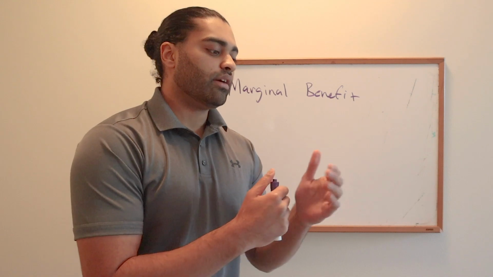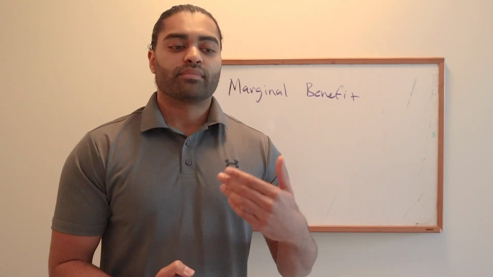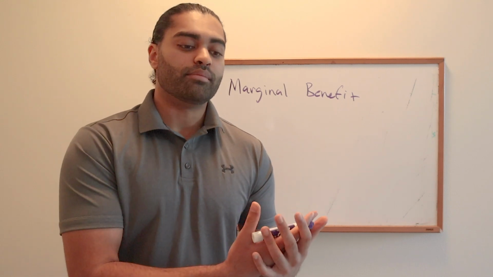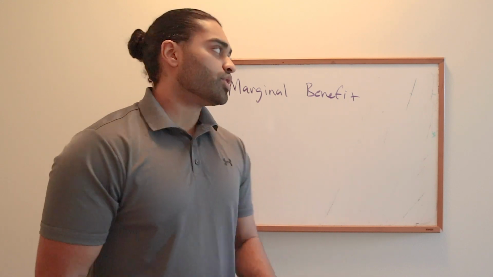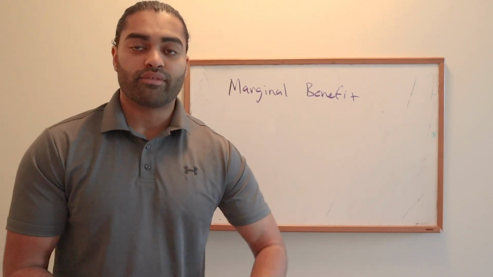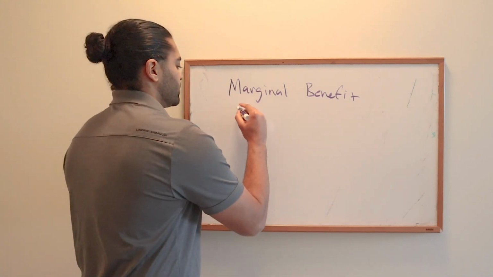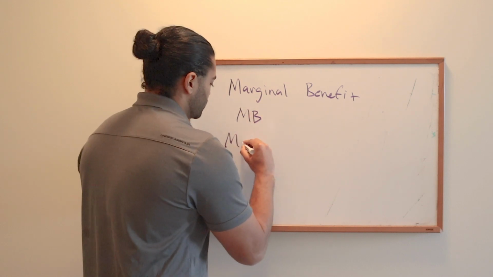If I offer you from the second to the third, fourth to the fifth, sixth and seventh. So again, you only can consume so much. You only get so much benefit from certain products that you consume or produce. So it can be consumer or producer. So marginal benefit is an additional benefit you get from consuming one more unit. So marginal benefit will be seen as MB, and then we also have marginal cost.